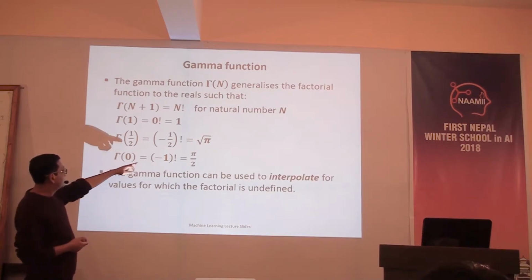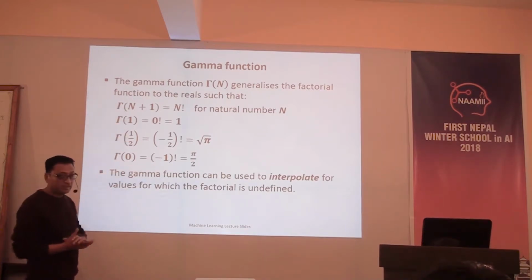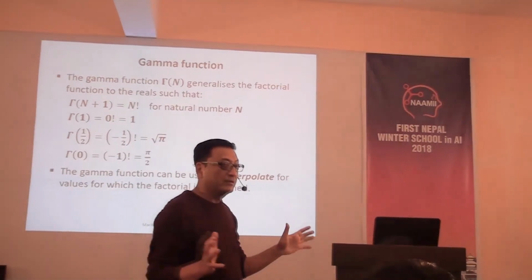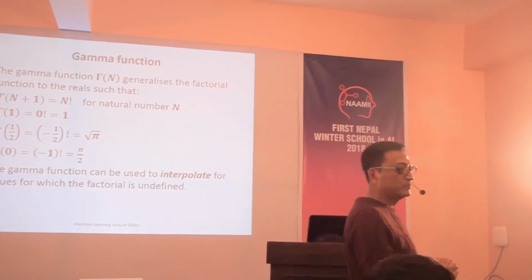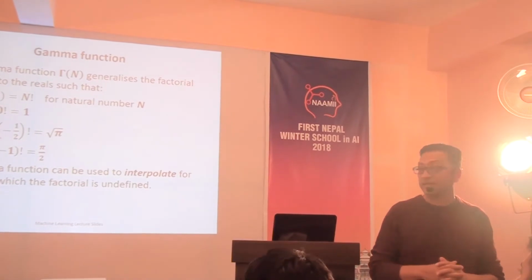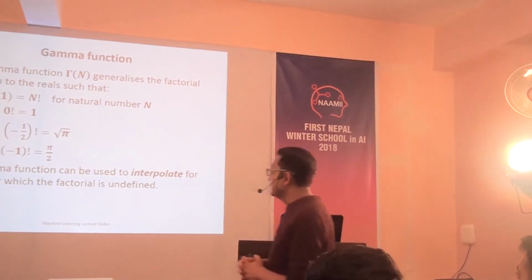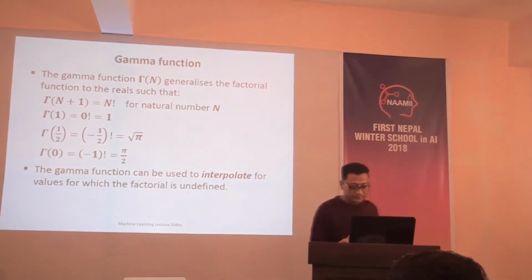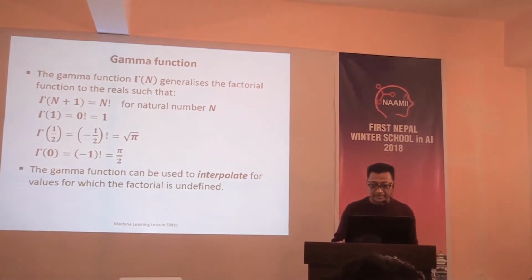And gamma of 0 is factorial minus 1. So the nice thing now is that this gamma function is defined for lots of cases where factorial is not defined. Okay? So the gamma function can be used to interpolate for values for which the factorial is undefined.